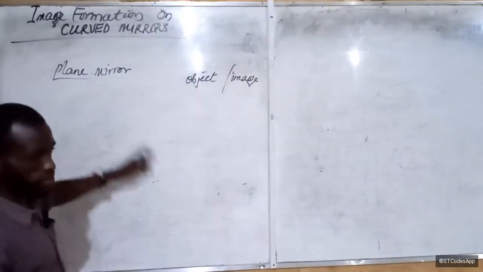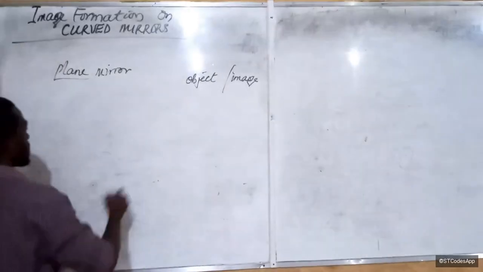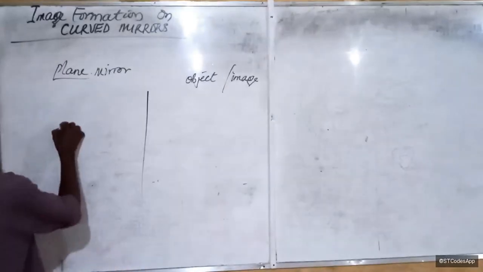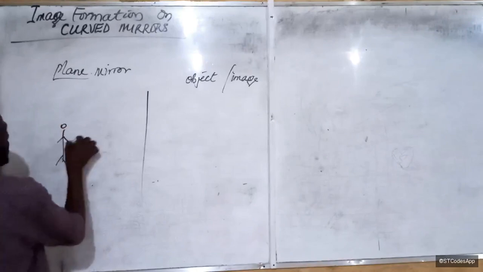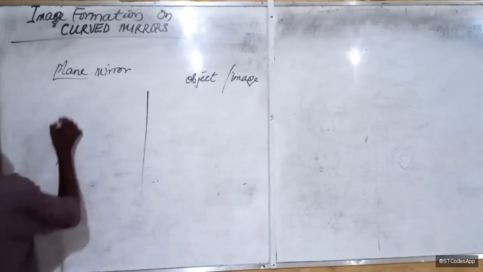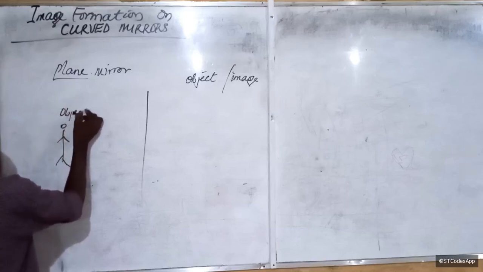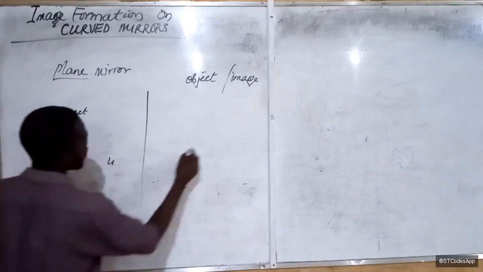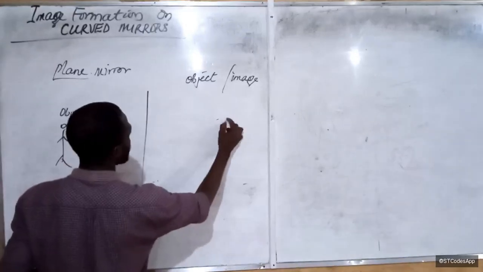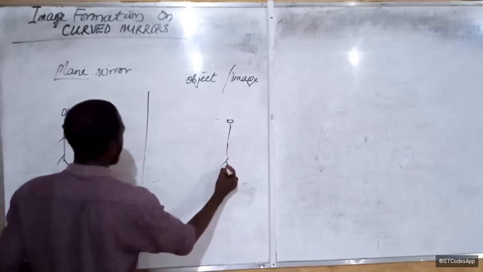Now, for a plane mirror, since the axis of symmetry is parallel to that of the image, if this is our object, the distance u will be equal to the distance of the image that is formed.